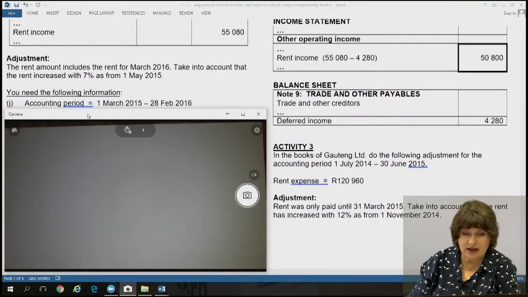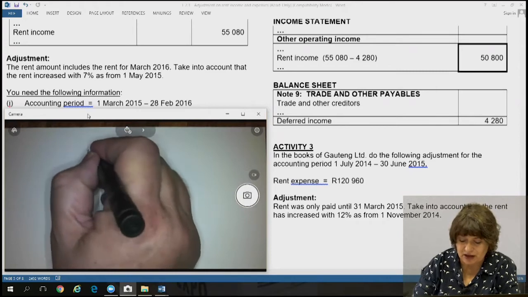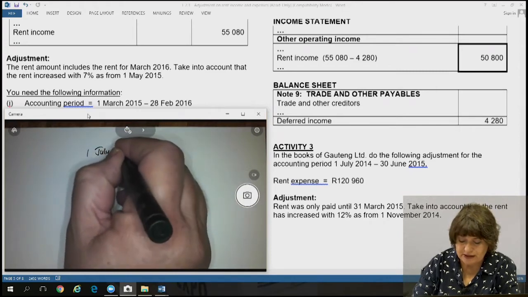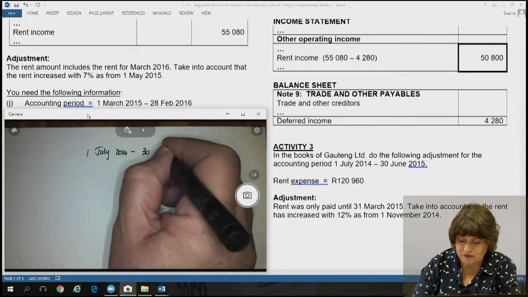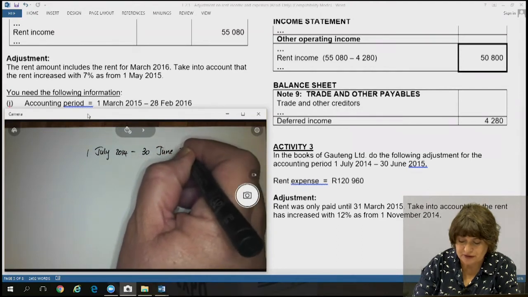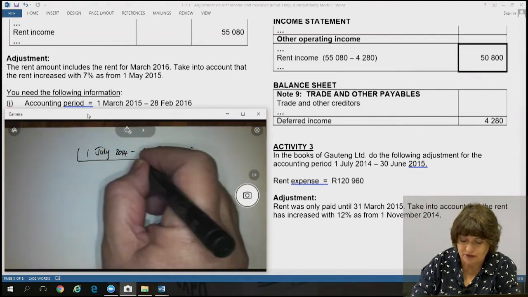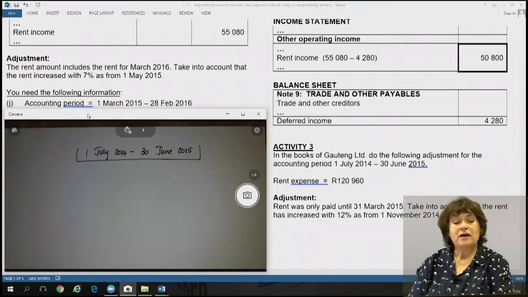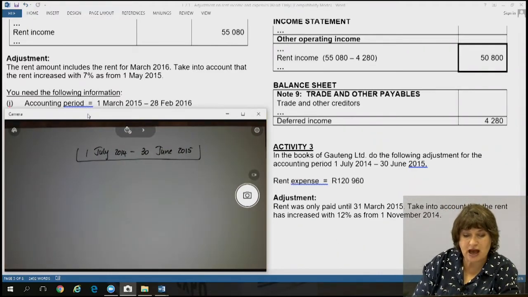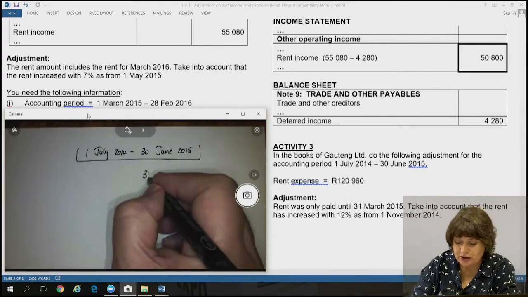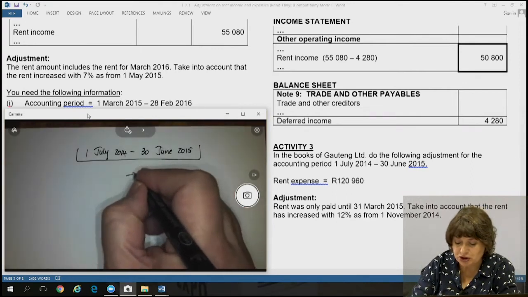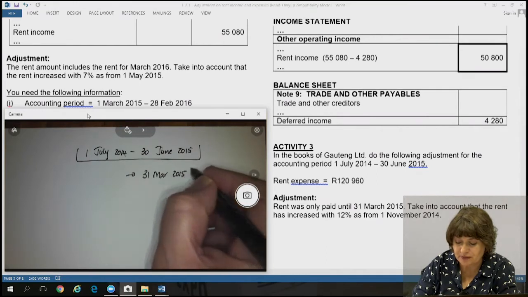Number 1, the accounting period. The 1st of July 2014 to 30th of June 2015. Okay, there's our accounting period. The rent expense was only paid until the 31st of March 2015.